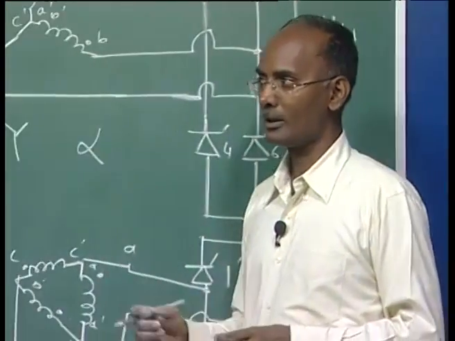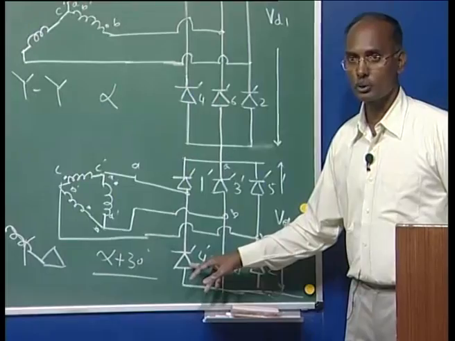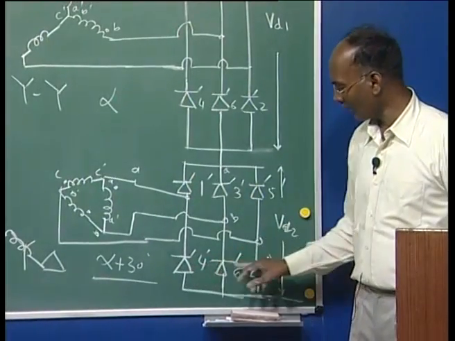And it is positive. Now, after 60 degrees valve 4 will get the pulse, meaning 4 is going to get the pulse here. Commutation is instantaneous, as we have assumed, because u is equal to 0. So what will happen?